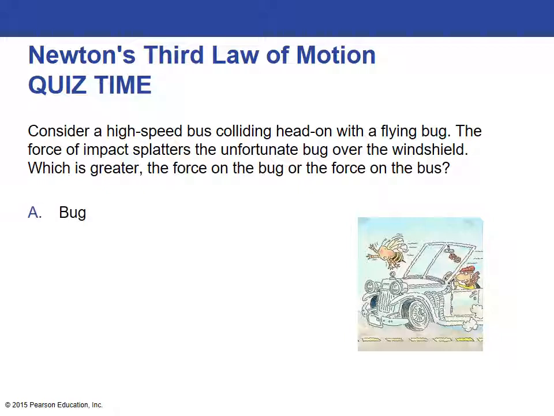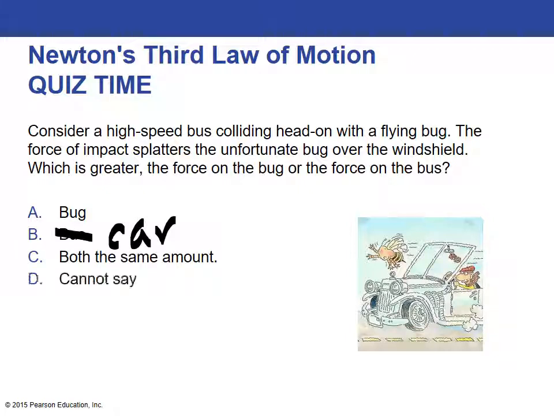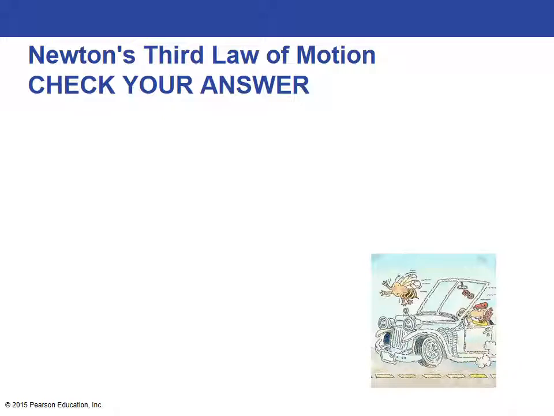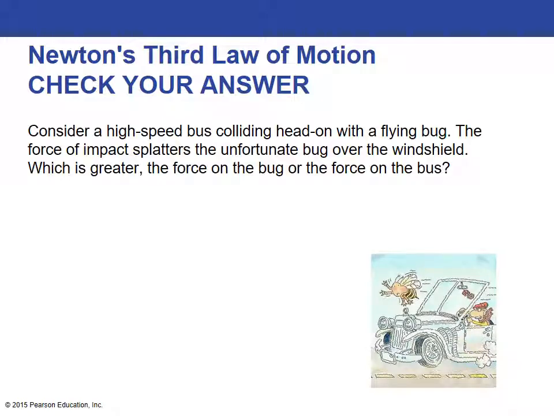Is the bug experiencing the greater force? Is the car experiencing the greater force? Are they both the same? Or is there not enough information? Where is the force bigger? Oh, the poor bug and the car. You know exactly how this story ends.